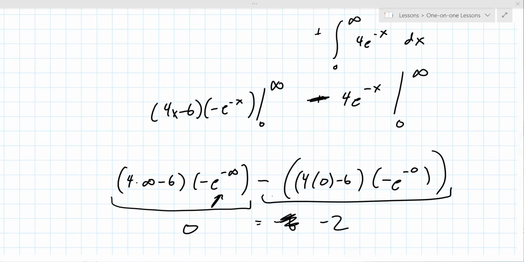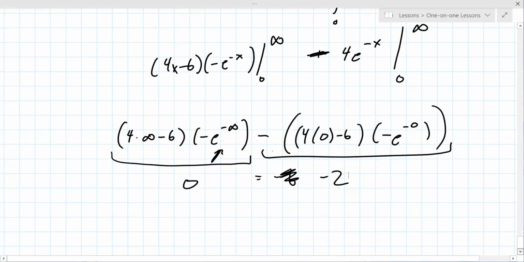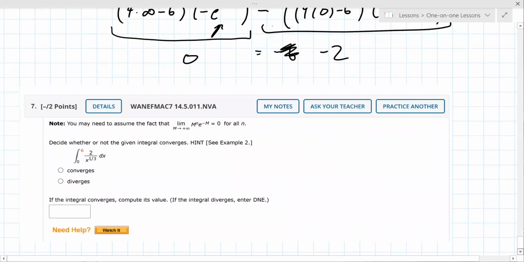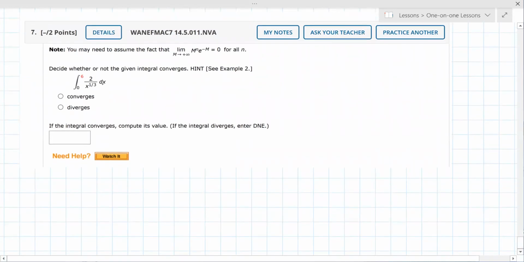7 here. 7 is much more straightforward because, well, no, it's not. There's another thing going on here. I thought if the limits are at infinity, you can use the p-test that we talked about earlier. But this time, you're not going to infinity. You might think, well, what's the big deal? Well, the problem is that at 0, this thing is undefined.